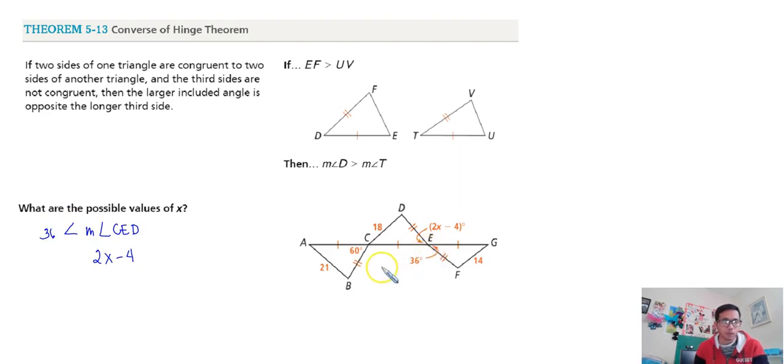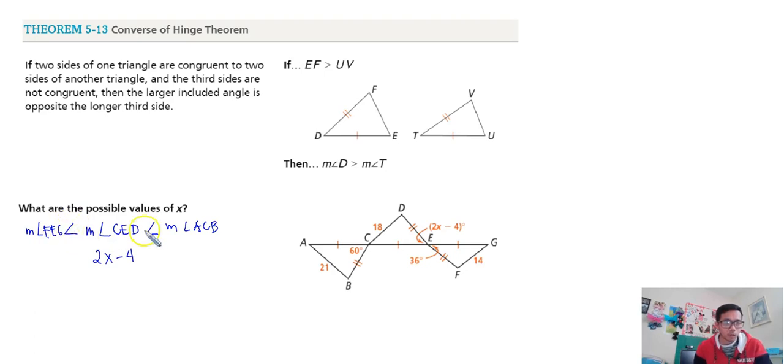And it is also less than the measurement of angle ACB. It must be greater than the measurement of angle FEG, sorry about that, FEG.